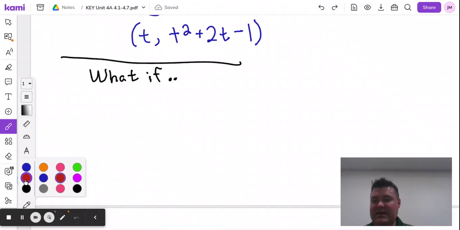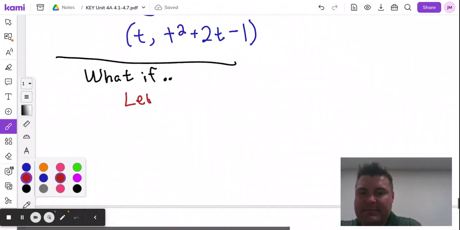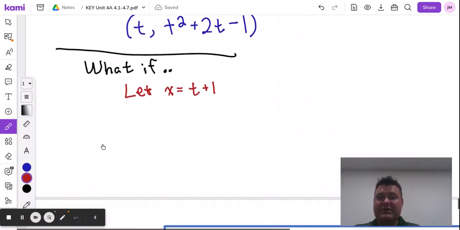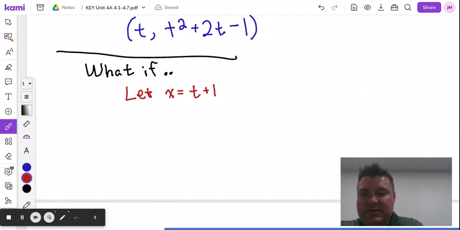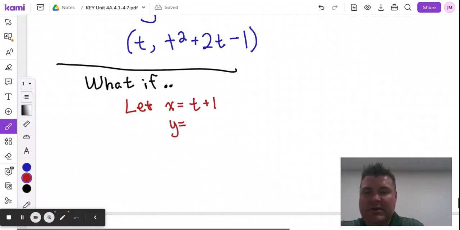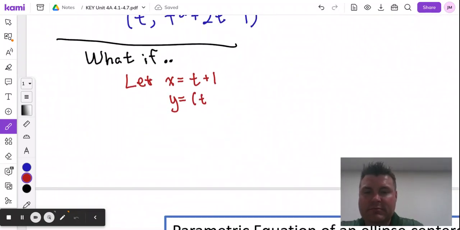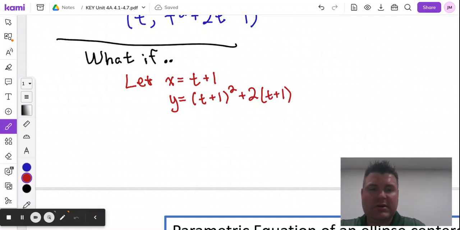What if we instead let x equal t plus 1? All we're going to do then is replace all the x's in that y equation, so that it becomes t plus 1 squared plus 2 times t plus 1, and then minus 1.